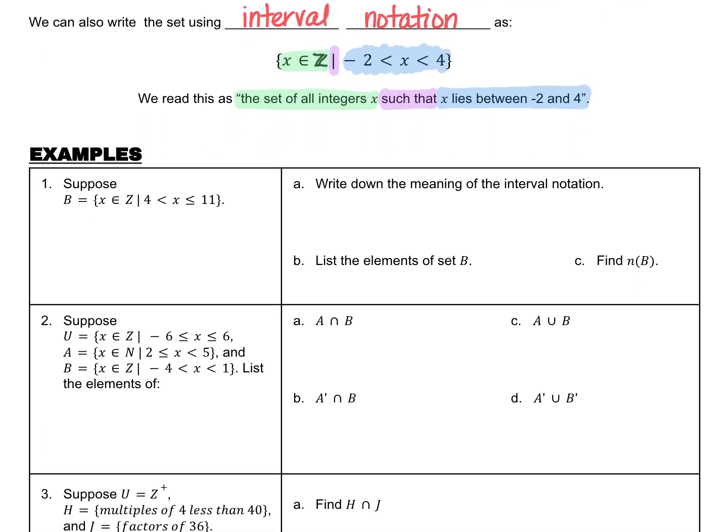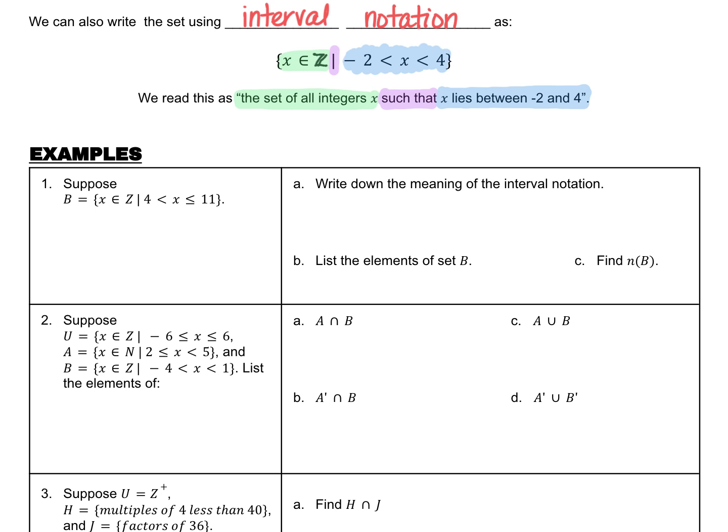So let's look at some examples of our interval notation. The first example says, suppose B is represented, and it says that X is the set of all integers such that X is in between 4 and 11, and 11 can be included.